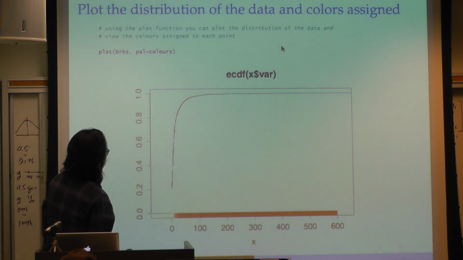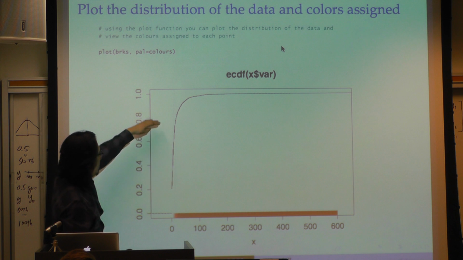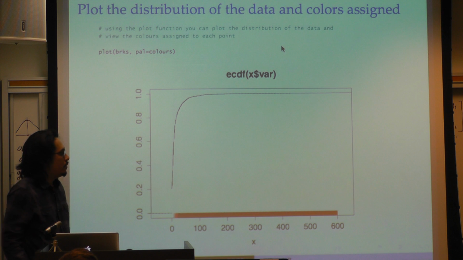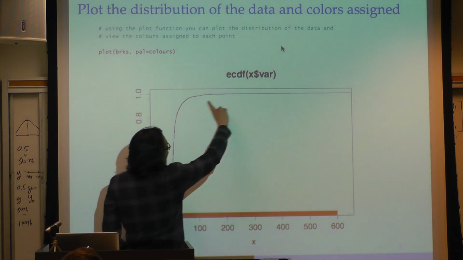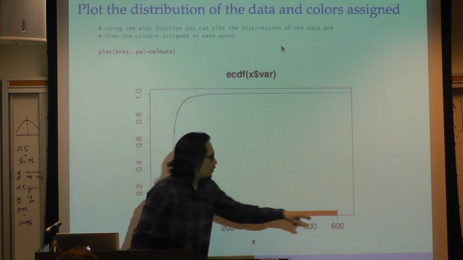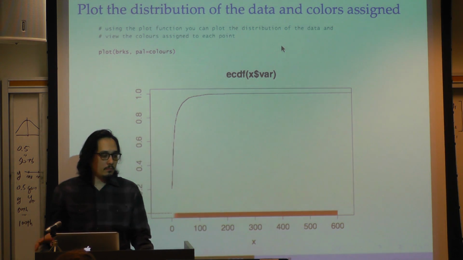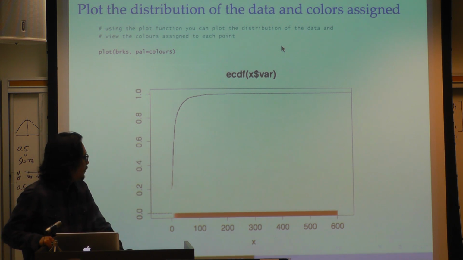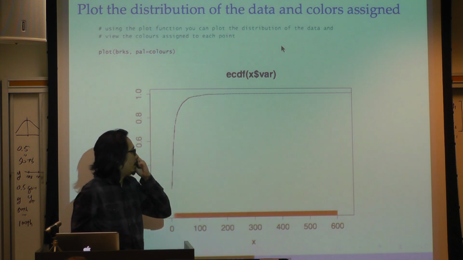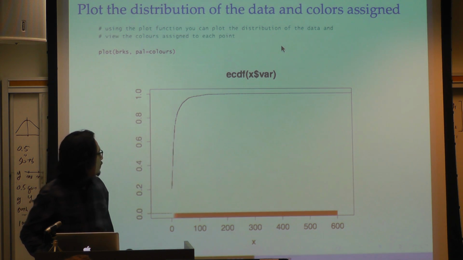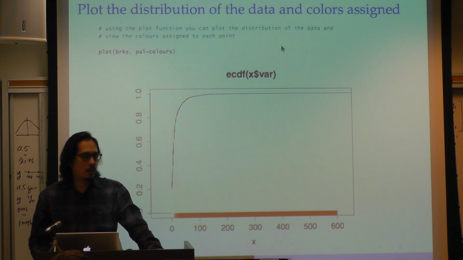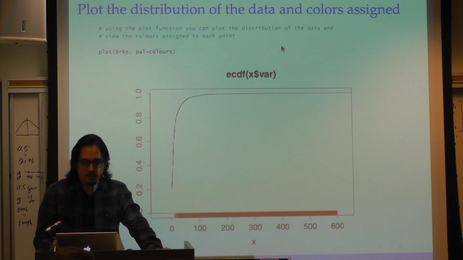Most of the observations have less than 20 homicides per 100,000 people, but we have some crazy cases in which the homicide rate goes up to 600. If the distribution of your data is prettier, then the graph looks much nicer. But still it's useful to have a sense of how the distribution looks according to the colors that you assign for each group.